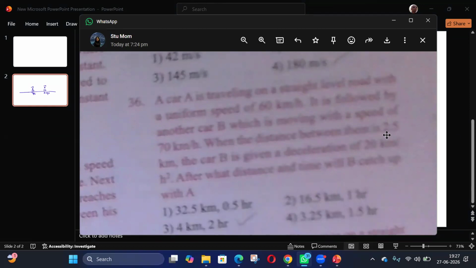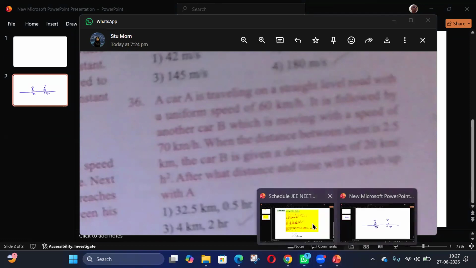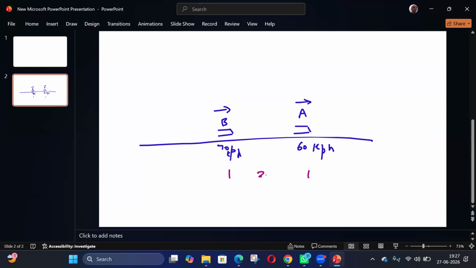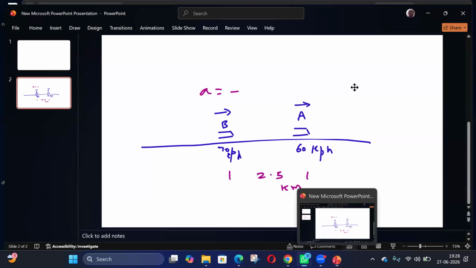When the distance between the two is 2.5 kilometers, B is given a deceleration. I'm not able to see the value properly.